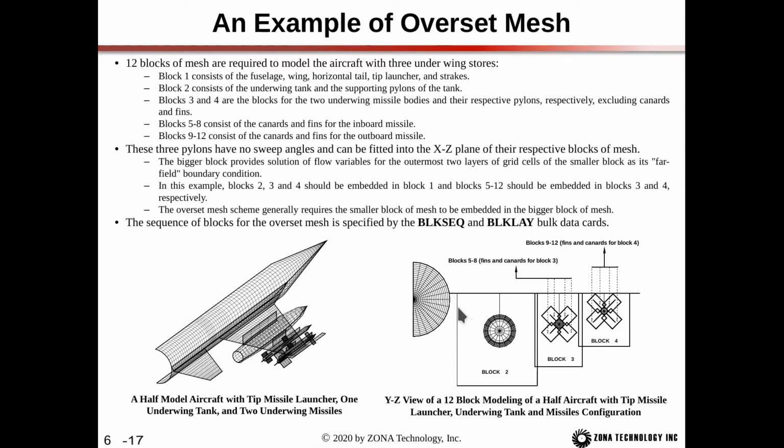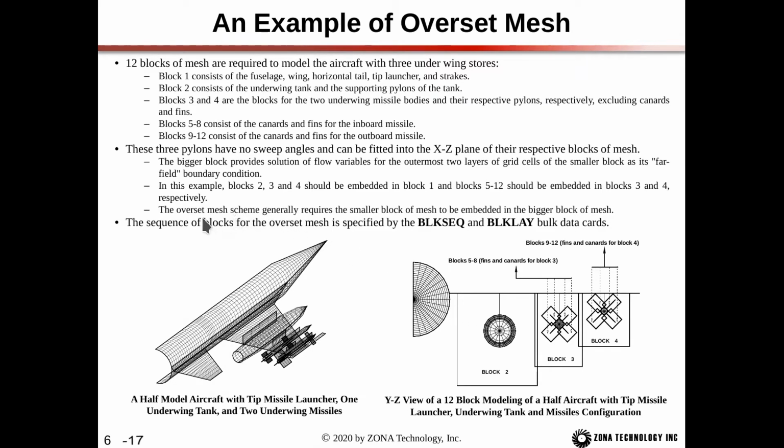So for modeling purposes, you want block 2 to come up and touch the wing, and then you want to be far enough away from the body here. This is probably a pretty good size, so that this store body is influencing the block 2 flow solution, which then can influence the main block solution.